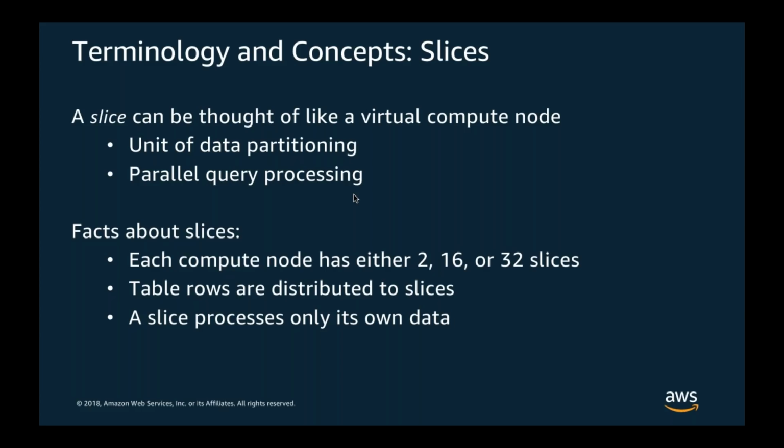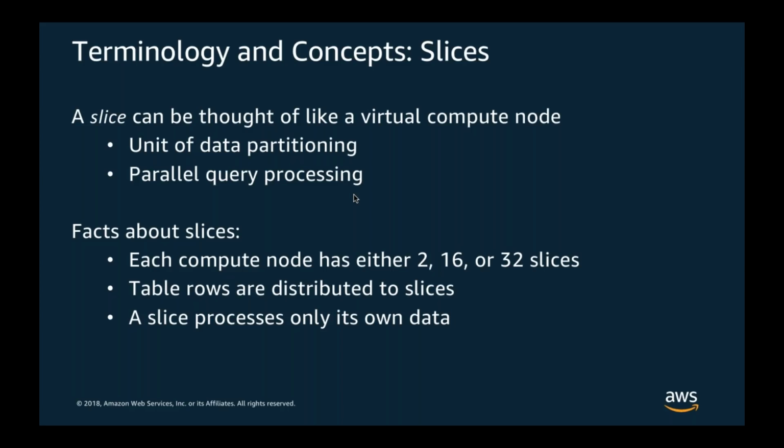What this means for us is that if you have a 10 node cluster and each node has 2 slices, you have 20 slices altogether. You want to make sure that all 20 slices are able to be utilized and work the same way. You don't want one slice doing more work than the other slices in the cluster. You want some kind of uniform usage across all the slices in your cluster.